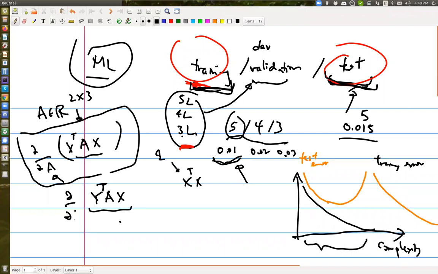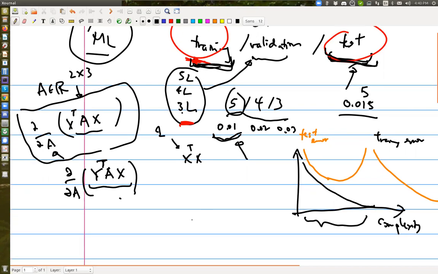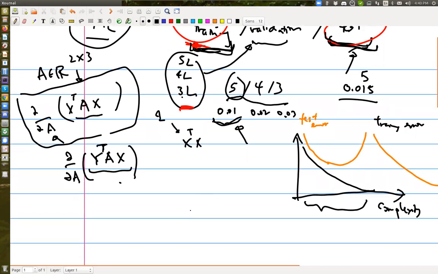If I want to find the derivative of this thing here, maybe I give some actual numbers. This is just a scalar, right?